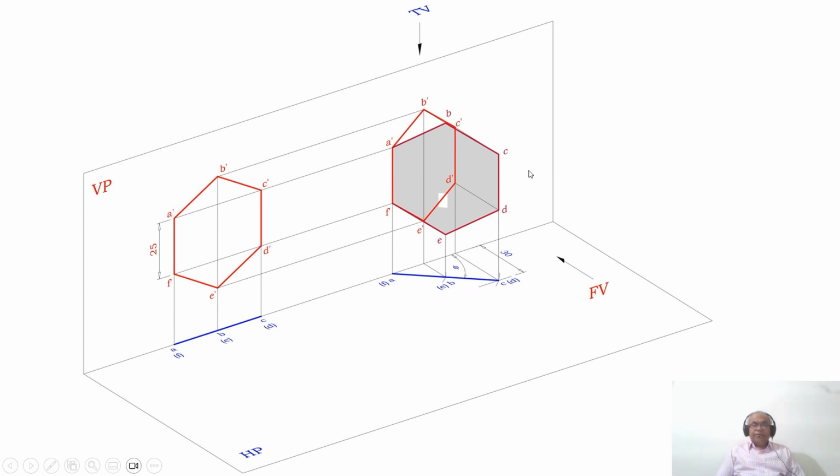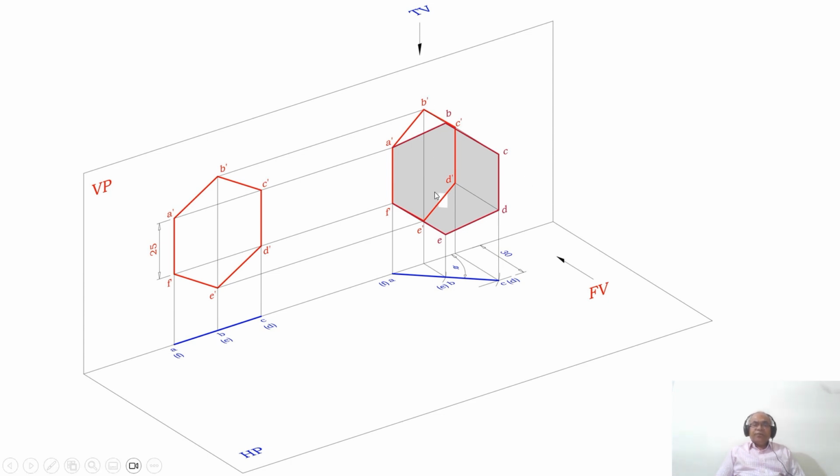As you look from the front view, B is projected onto the vertical plane, C is projected onto the vertical plane, D is projected onto the vertical plane, E is also projected onto the vertical plane. So as you look from the front view, this A dash, B dash, C dash, D dash, E dash, F dash is the image you get in the vertical plane.